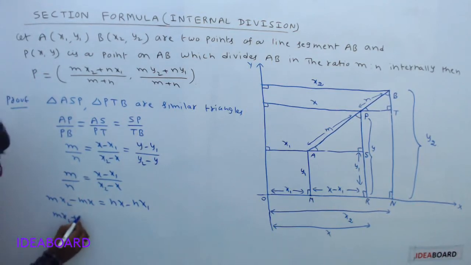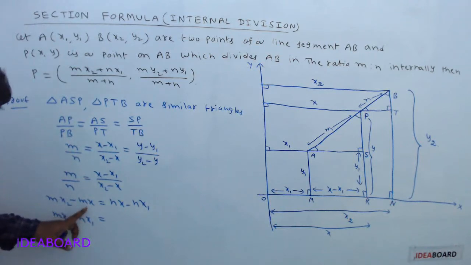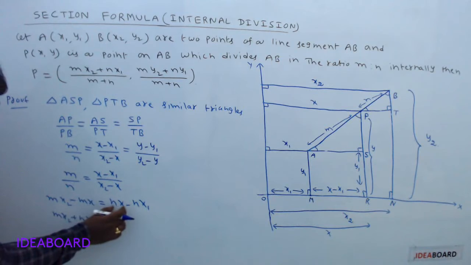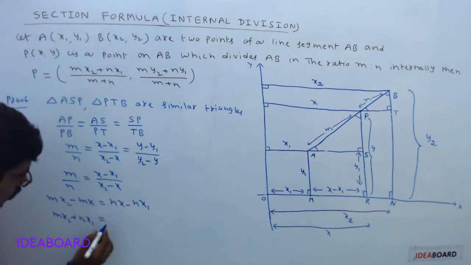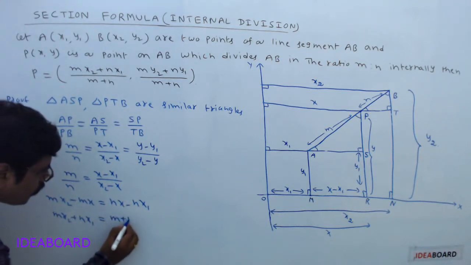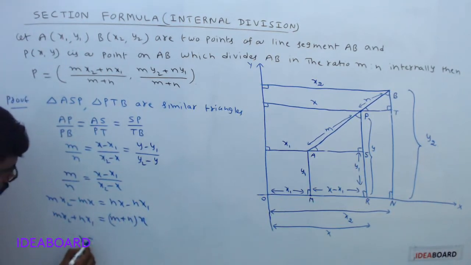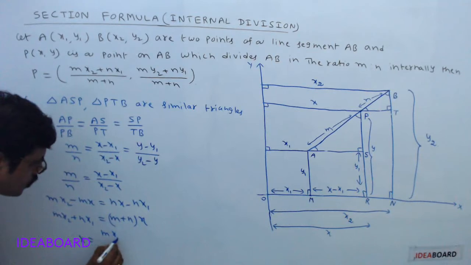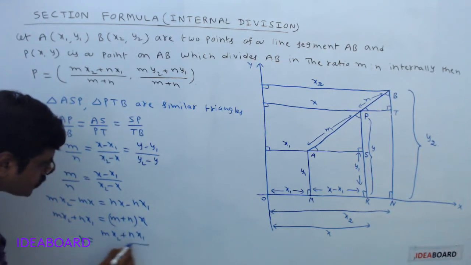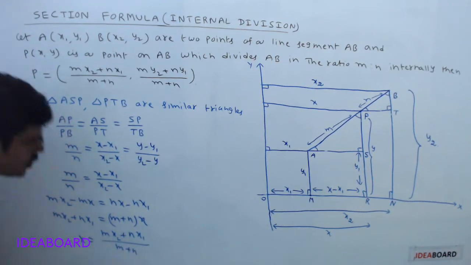This is mx2 plus nx1 equal to, bring this minus mx from LHS to RHS, then it will be mx plus nx. Take the common factor as x, m plus n into x. So therefore x value is mx2 plus nx1 divided by m plus n.